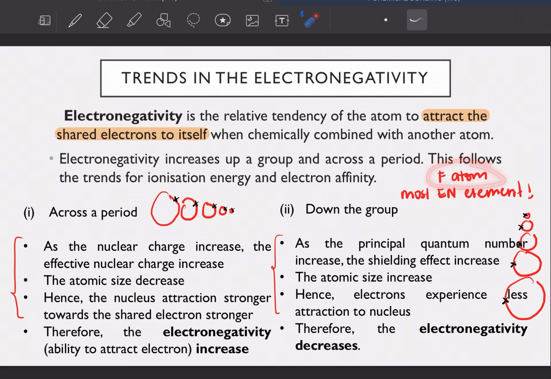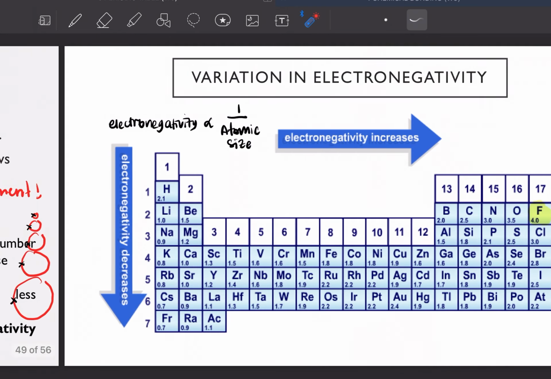So from here we know that the fluorine atom is very, very small. It is in group 17. It's very, very small because it is very, very electronegative. So it means it holds its electrons very tightly to itself. It is very electronegative.